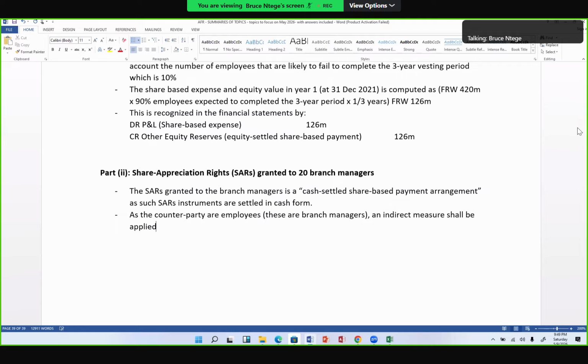Under it, the share appreciation rights granted to employees are remeasured to their fair value at the end of each reporting date, with any fair value changes recognized in the P&L as the share-based expense, maybe in administration costs or operating expenses.